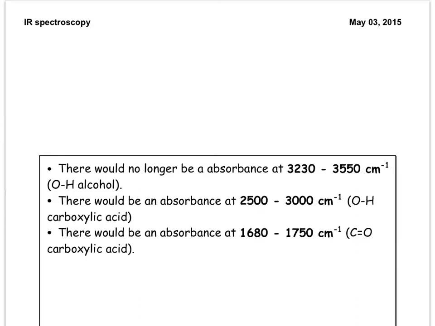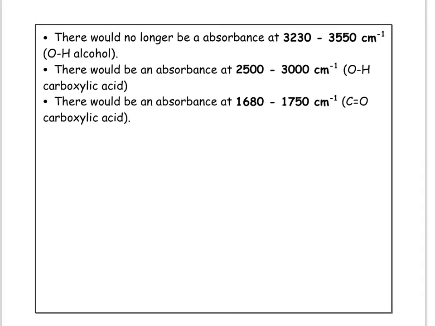Well, we wouldn't see an absorbance between 3230 and 3550 because the OH alcohol is gone. There will be a different absorbance for the carboxylic acid OH, and there would also be a new carbonyl peak for the carboxylic acid functional group between 1680 and 1750.